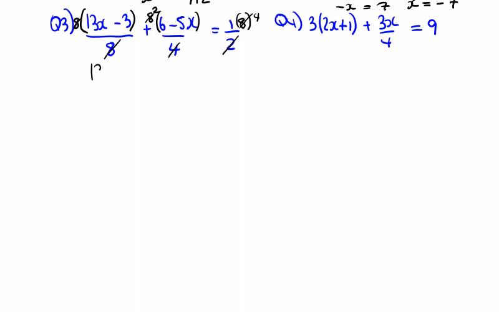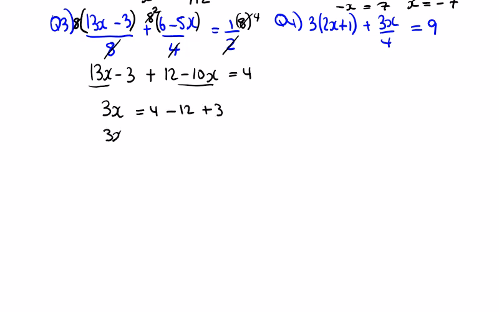So what's left? 13x minus 3 plus 2 times 6 minus 5x plus 12 minus 10x is equal to 4. How many x's have we got? 13 minus 10, we've 3x. What am I bringing across to the 4? I'm bringing a plus 12 and a minus 3. So 3x is equal to 7 minus 12, which is minus 5. X is equal to minus 5 over 3.